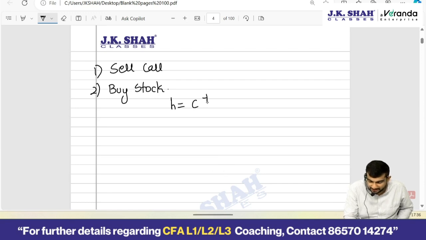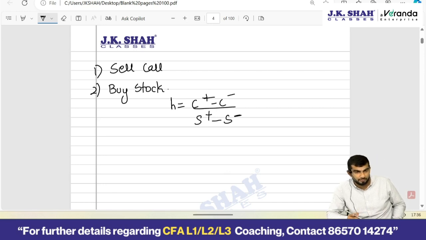Hedge ratio is (C plus minus C minus) upon (S plus minus S minus). C plus is the call payoff in case of an up move. C minus is the call payoff in case of a down move. S plus is the stock price in case of an up move. S minus is the stock price in case of a down move. Remember the entire process we had discussed along with numbers.